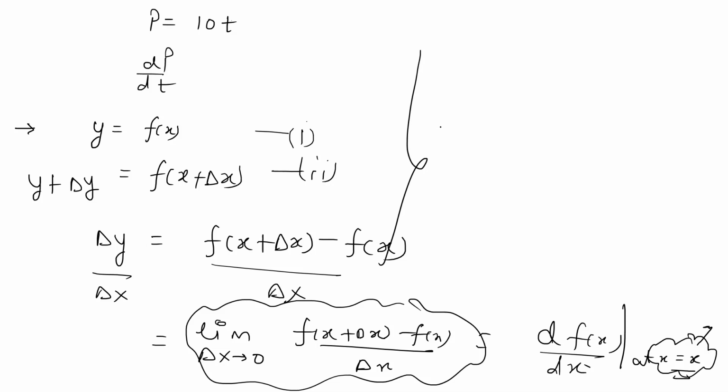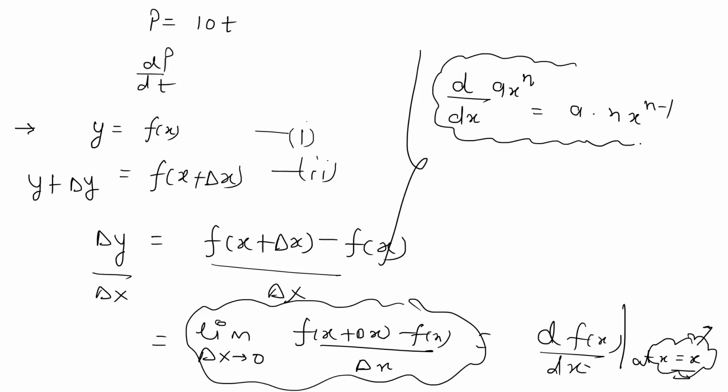I write first: what is the differentiation of a x raised to power n, where a and n are constants? It is a n x raised to power n minus 1. This is a general basic formula you can memorize. Some other formulas are also there, and for these formulas you can refer to the NCERT book.